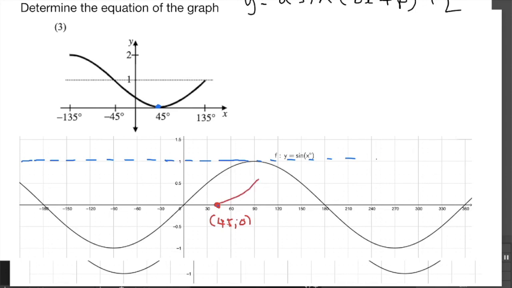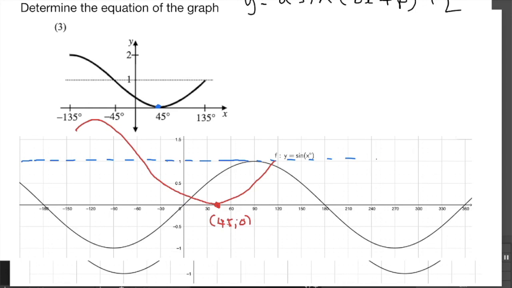Just draw a rough graph. Looks something like this. Okay, so it looks something like that. So this is how they compare if you draw them together. And clearly, these two are different from each other. And so the equation of the red graph cannot be the same as the equation of that black one there, although they are related.